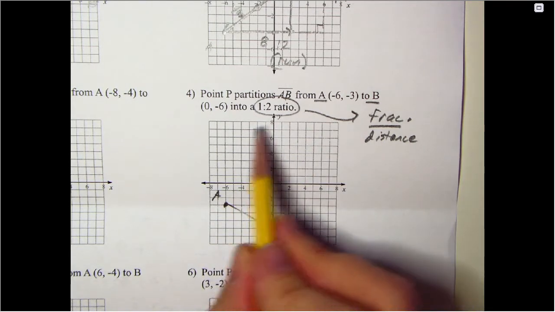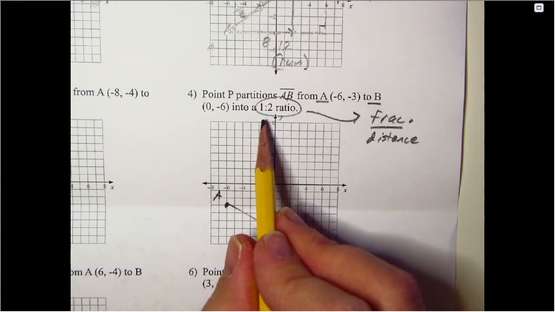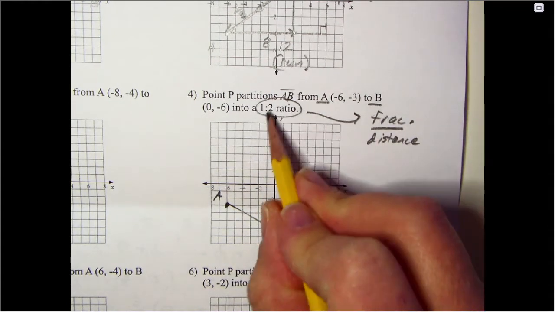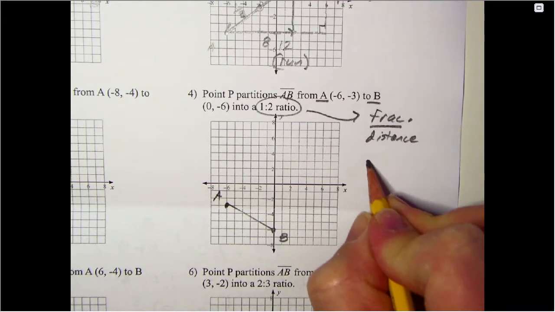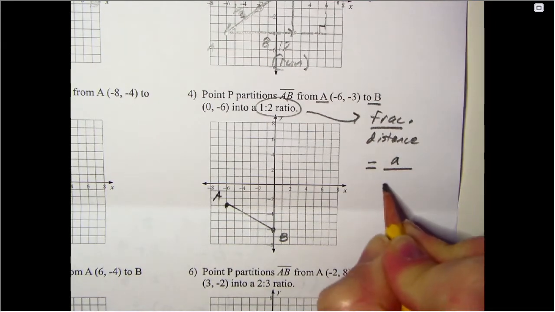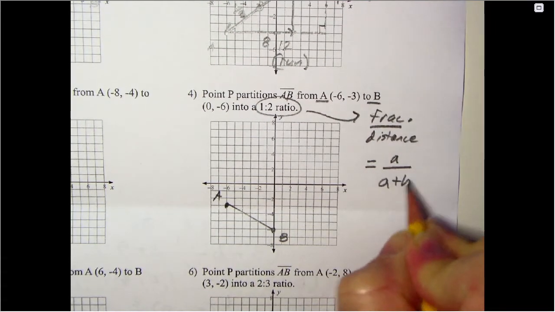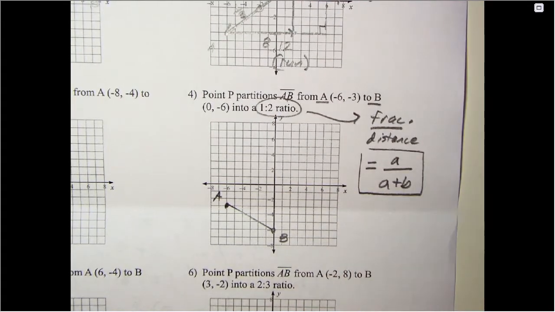All right, so a 1-to-2 ratio means the first part's going to be half the size of the second part. What I like to do is go back to this fractional distance, and there's actually a formula to find the frac. Write down this formula. The frac is equal to A over A plus B. Well, what do A and B stand for?